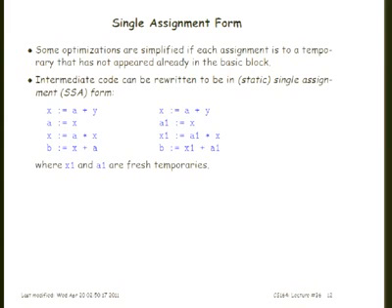It's known as putting the program into static single assignment form. It turns out that there are certain standardizations, if you will, of the code that are sometimes useful for either implementing or describing optimizations, and this is one of them.